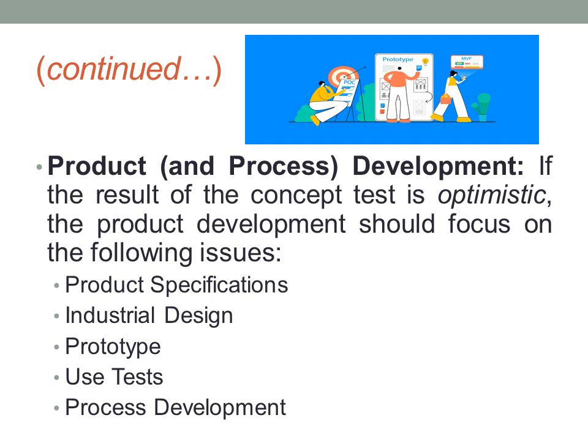Number one, product specifications. Number two, industrial design. Number three, prototype. Number four, use test. Number five, process development.